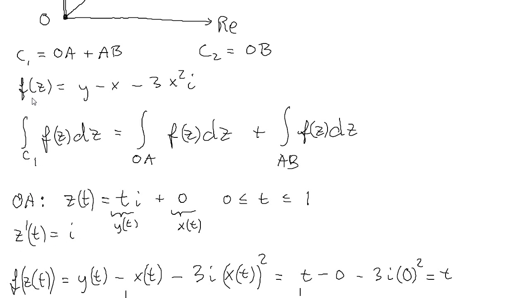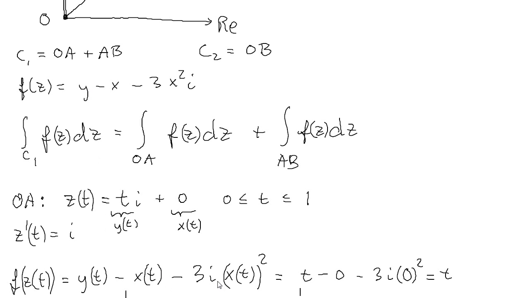Now we know that the function f of z has this description, so we need to replace z with this function z of t, and this function z of t is described by real part x of t and the imaginary part y of t. So let's replace every place where we have x, we write x of t, and every place we have y, we write y of t.